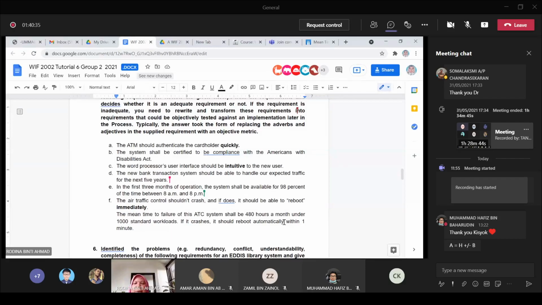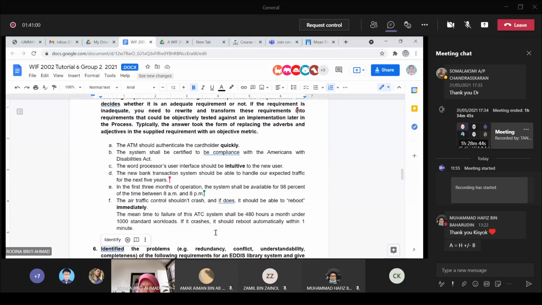So we mention that the mean time to failure of this system shall be 480 hours a month under 1,000 standard workload, for example. And if it crashes, it should reboot automatically within 1 minute. These are examples of the refinement we can do to make sure the requirements are more adequate and understandable. You can follow this one.